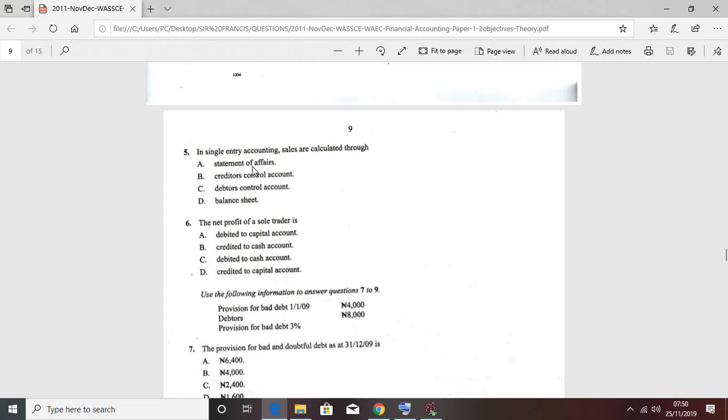So in single entry accounting, sales can be calculated through the debtors control account. We prepare the debtors control account to ascertain the sales for the period when you are dealing with single entry. So the answer for question number 5 is C.